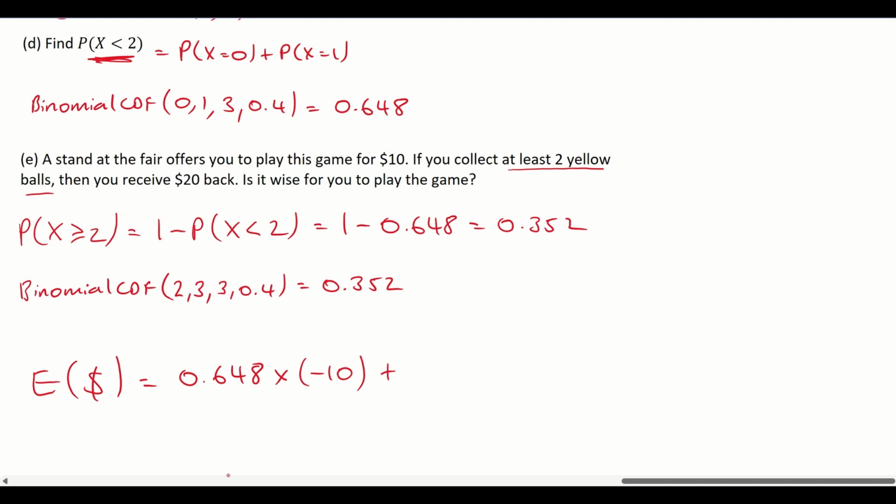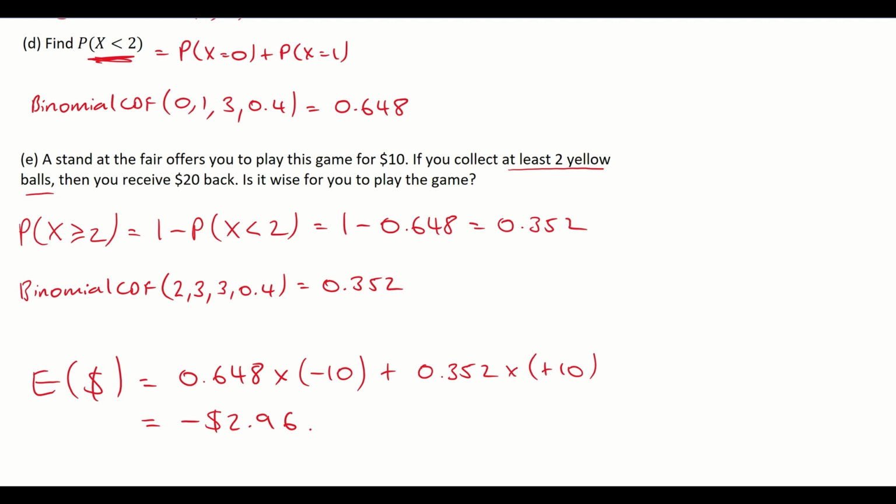However, when we win, so 0.352 or 35.2% of the time when we win, we gain $10. So our expected amount of dollars that we should be expected to make over a long period of time here, if you put this into a calculator, is negative $2.96 per trial. So each time you play this game, you're expected to lose $2.96. So no, this would not be a good idea for us to play this game.